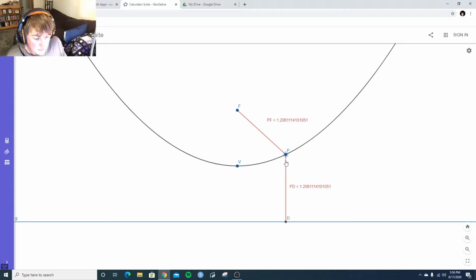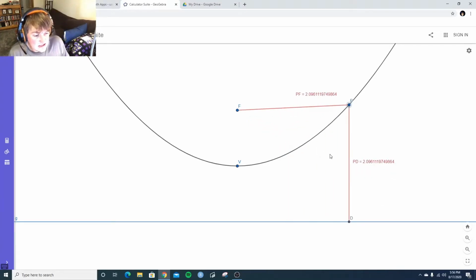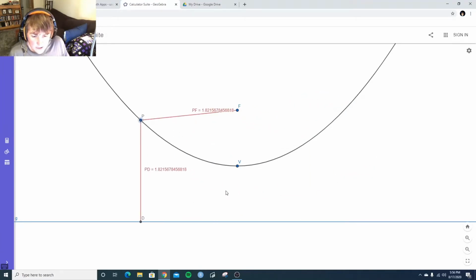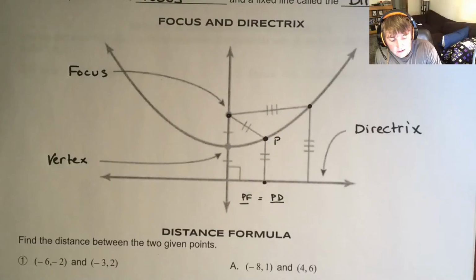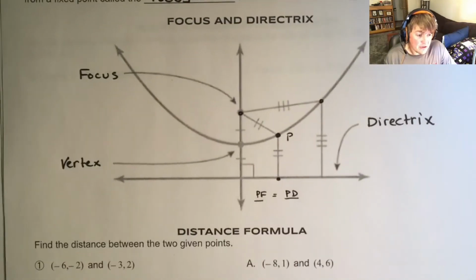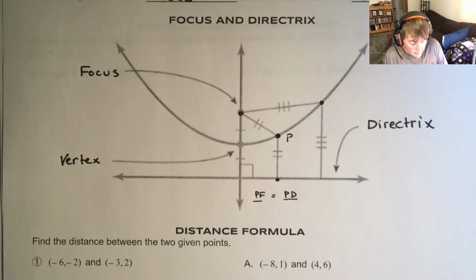And my distance from P to D, the directrix, is 1.206. This is going to be consistent wherever I put P. Wherever I'm putting P, these are always going to have the same value. So that is what the focus and the directrix are, and that's how they relate to our parabolas.